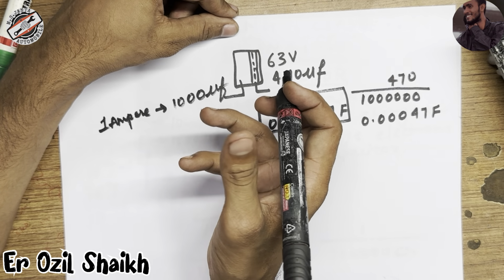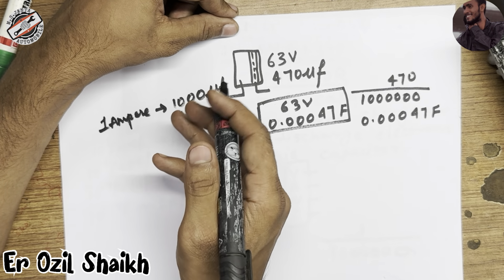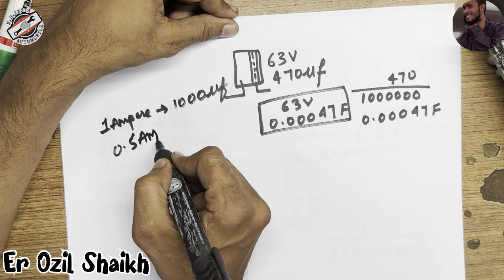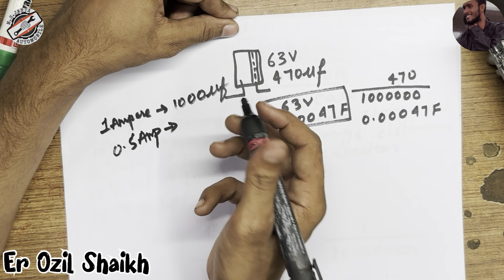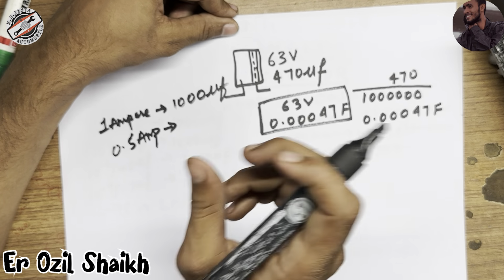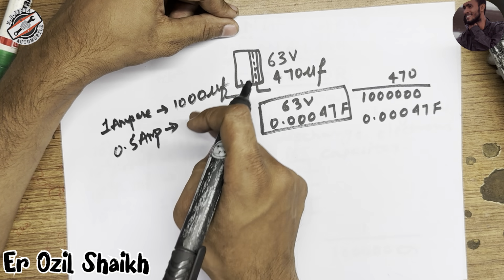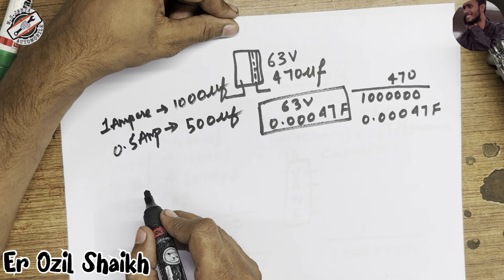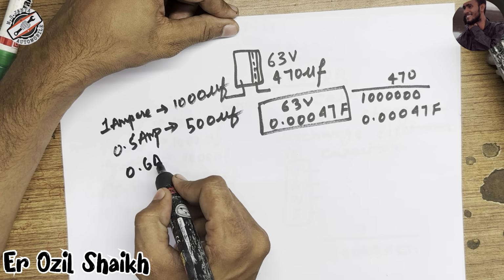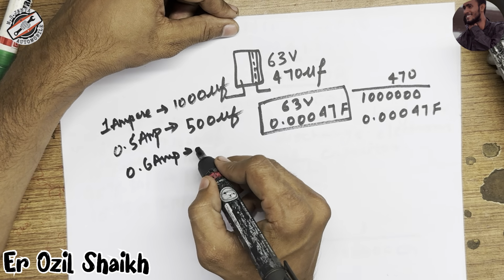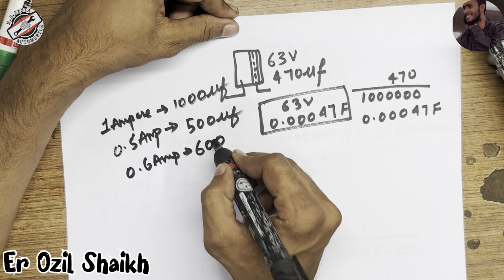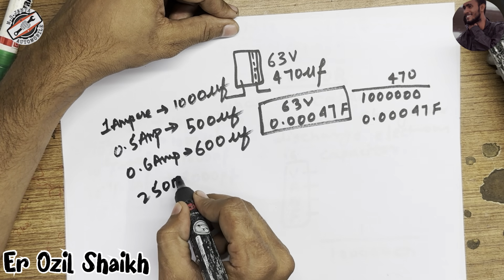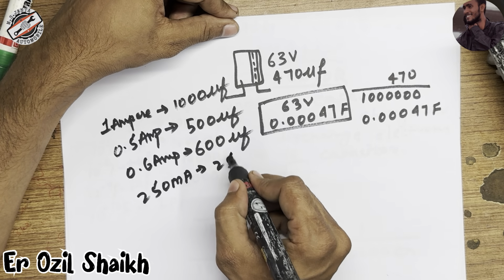If you calculate any circuit, suppose you need 0.5 ampere current and you don't know which capacitor value to put, then you can easily halve it, meaning 500 microfarad. If you have to put 0.6 ampere current, you just put 600 microfarad. And if you need 250 milliampere current, you just put 250 microfarad.